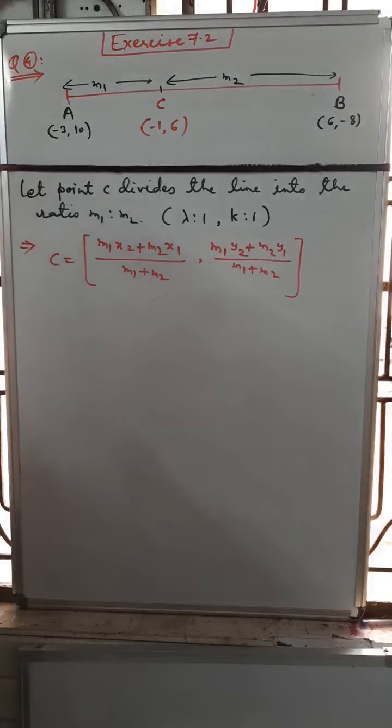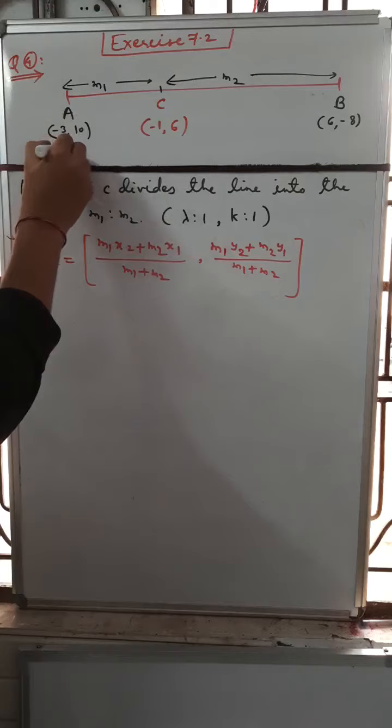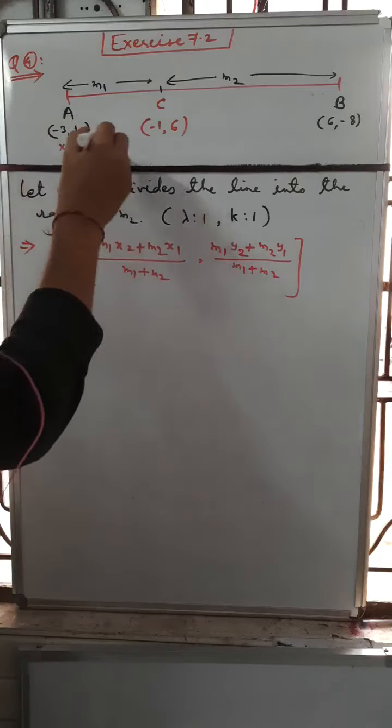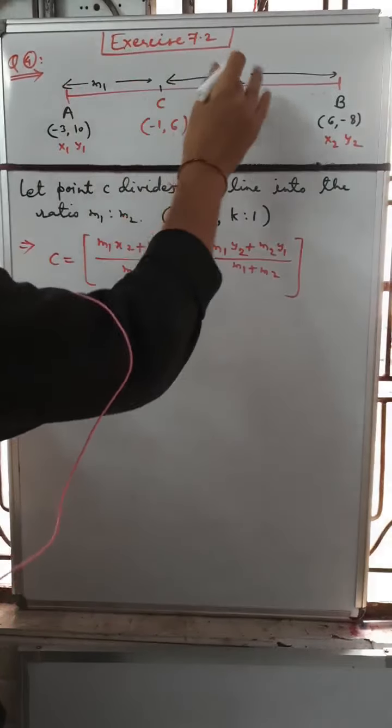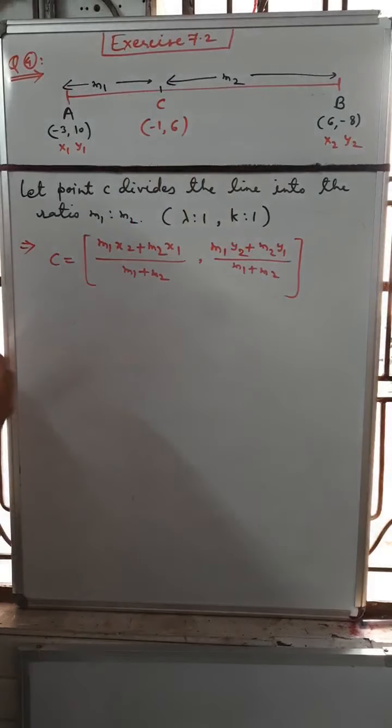So now put in the values. Here (x1, y1) is (-3, 10) and (x2, y2) is (6, -8), with m1 and m2 as the ratio. Now put all the values here.